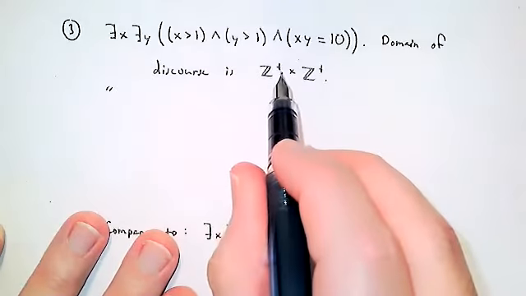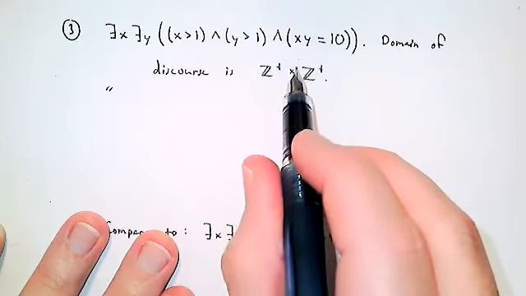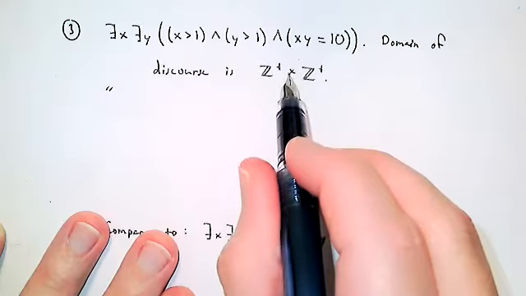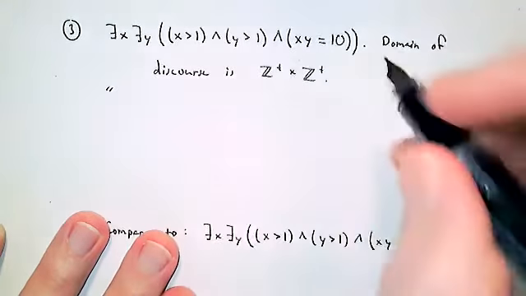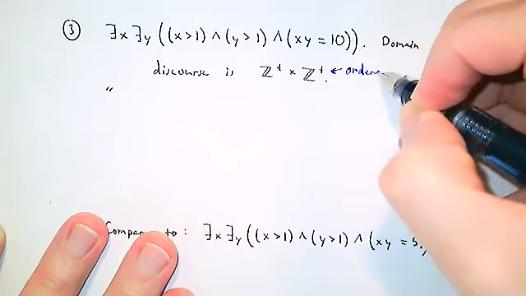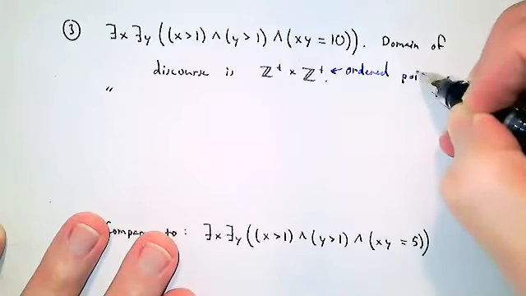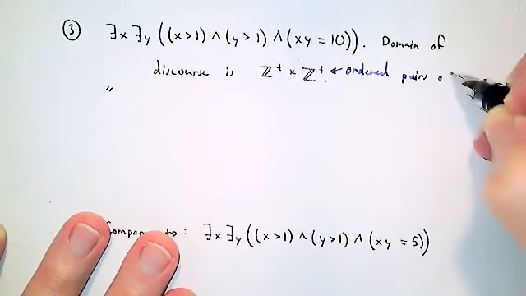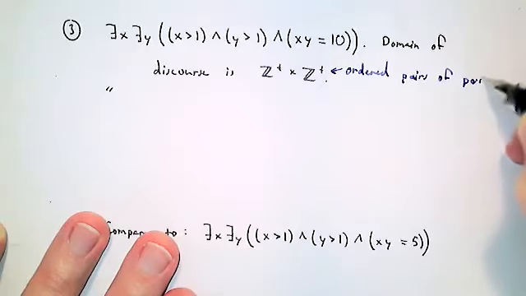So Z plus means the positive integers. And when you have this multiplication sign in between them, it means ordered pairs of positive integers.